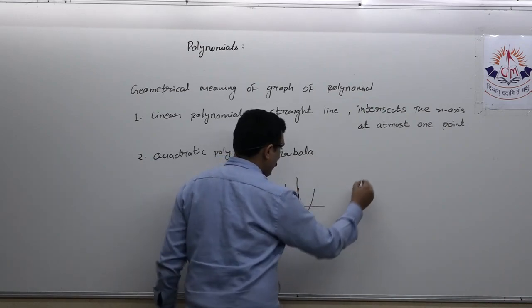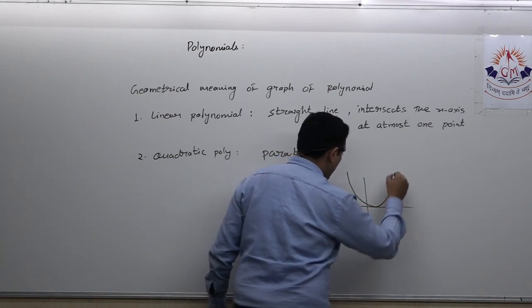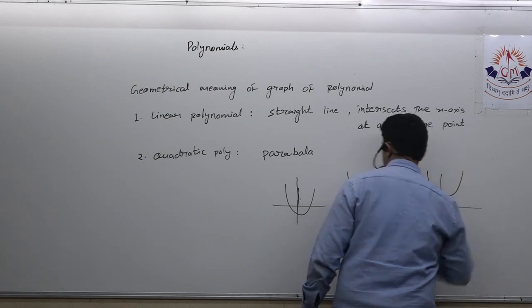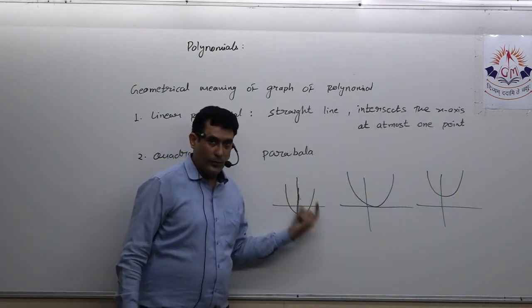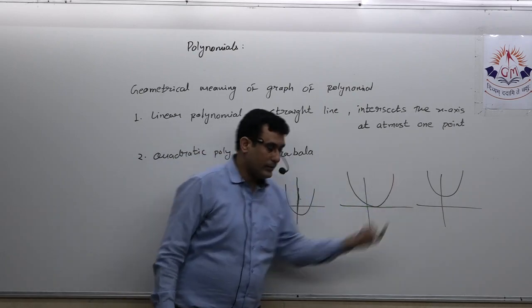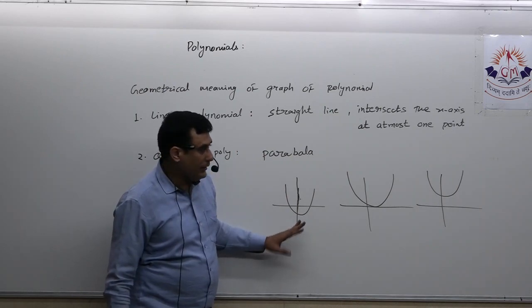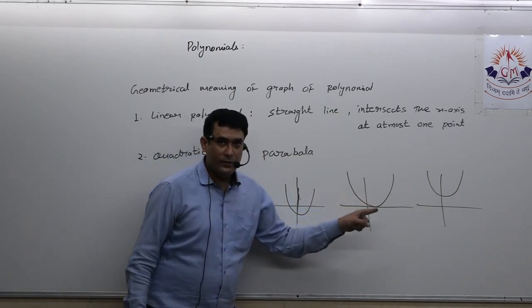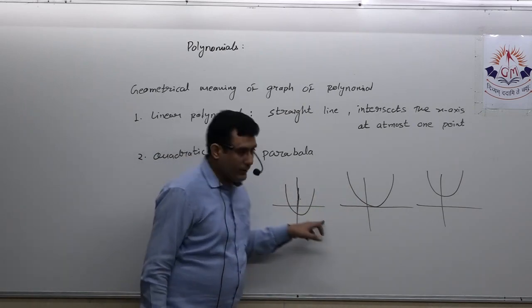This is the first way, this is the second way, this is the third way, and for the remaining 3 ways, the graph is open downwards, while these are open upwards. This type of graph is called a parabola. So for a quadratic polynomial, you will always get a parabola.